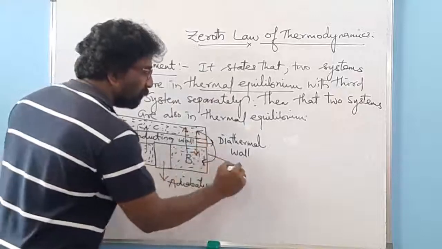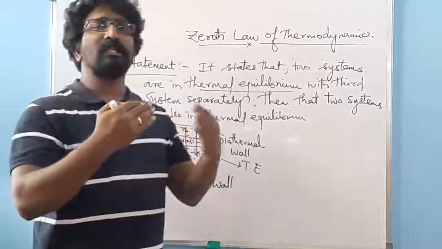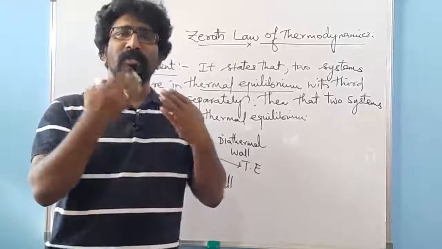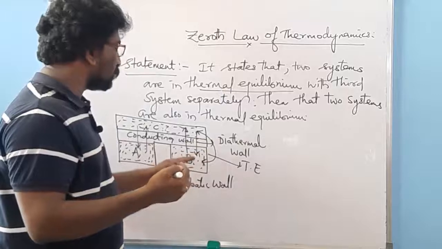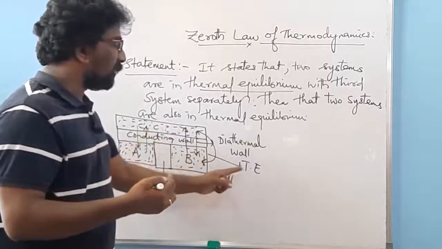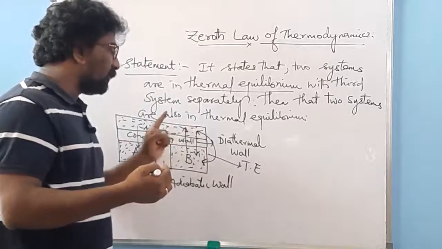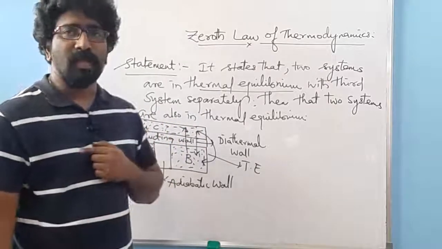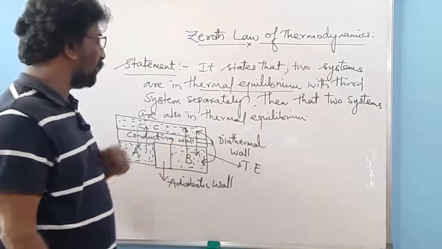What does it mean? If the systems are in thermodynamic equilibrium, it means that they have the same parameters or same thermodynamic variables. So now system B and system C are in thermodynamic equilibrium. It means that the parameters of system C are similar to the parameters of system B. So I can say system C is in thermodynamic equilibrium with system B.